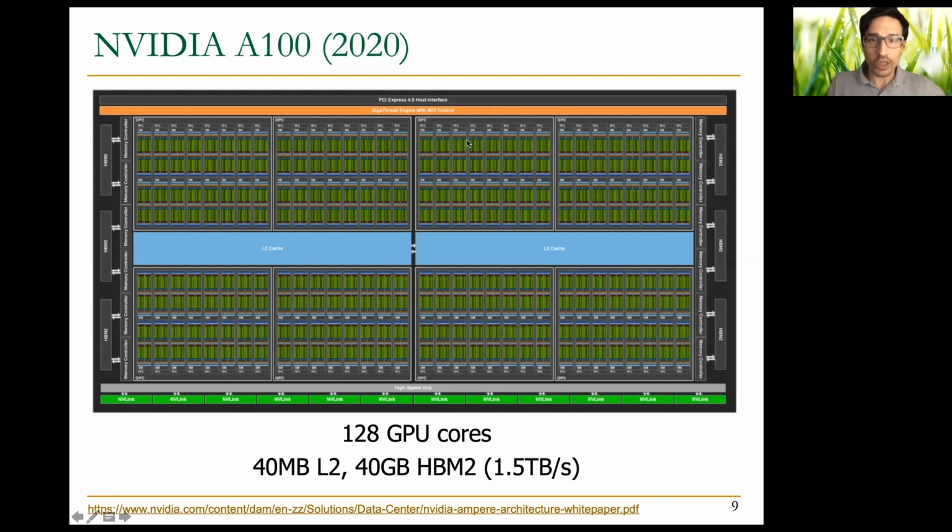And it's not only the large number of GPU cores, but also really interesting to me is the large L2 cache that you can see here in the middle. It's 40 megabytes in size, which is at least 4 or 6 times larger than the L2 cache in the previous generation.